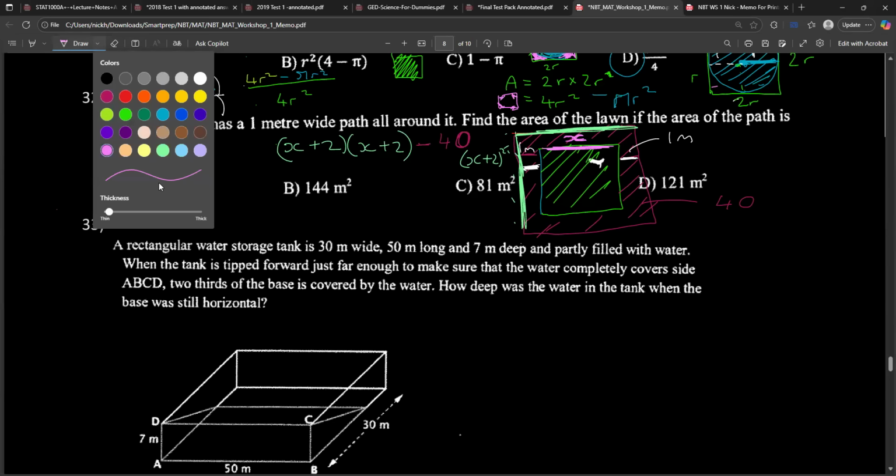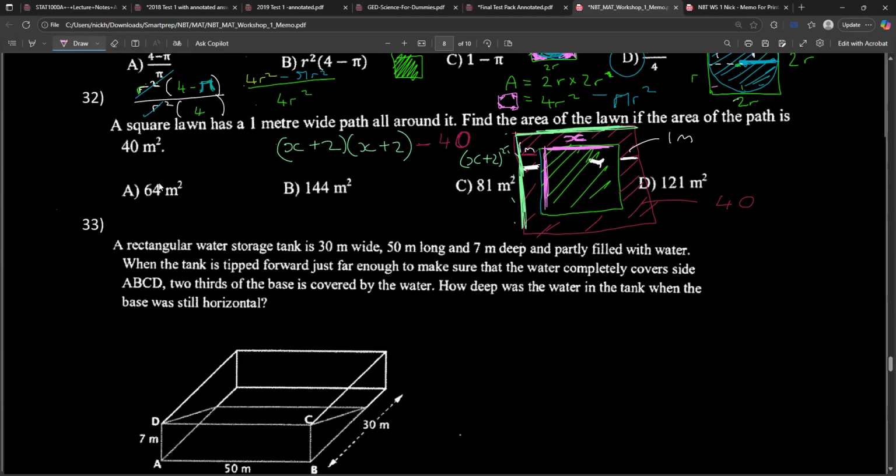Now the green bit is x squared, isn't it? Because it's x times x. So the large square minus the path is going to equal the inside, which is our x squared.